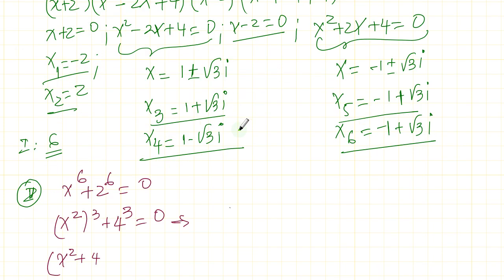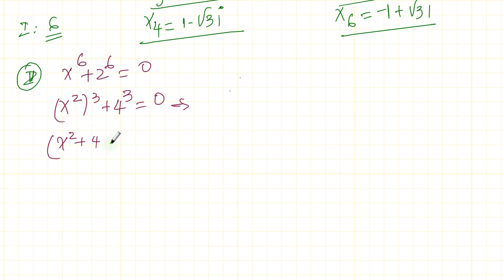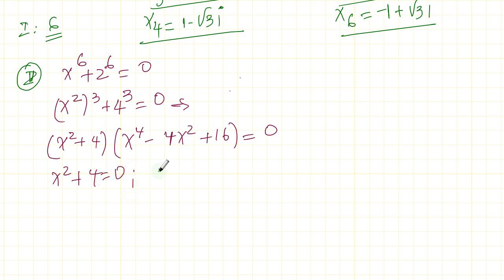So we have x squared plus 4, which multiplies x squared, this is x to the 4, minus 4x squared, and then plus 16, which is 4 squared, and then this is 0. So from here we have then that x squared plus 4 is equal 0, and x to the 4 minus 4x squared plus 16 is equal 0.